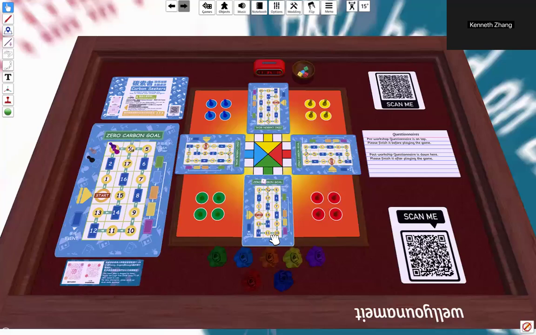If the assistance is sought externally and the question is answered correctly, the player or team rolls the dice to determine their movement. If the assistance request is refused, it will be regarded as failed assistance, so the opportunity will be used up. So that is about the general rules of our board game.